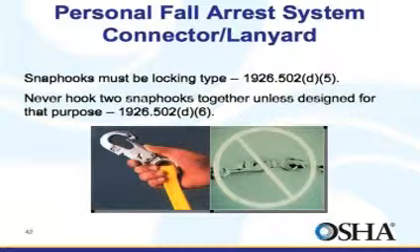D-rings and snap hooks shall have a minimum breaking strength of 5,000 pounds. Snap hooks must be size compatible with the connection point to prevent unintentional disengagement or shall be a locking type snap hook.